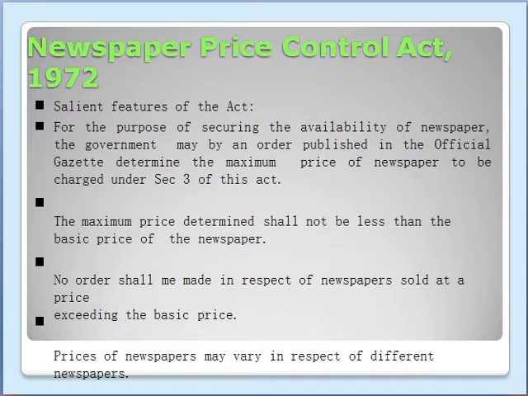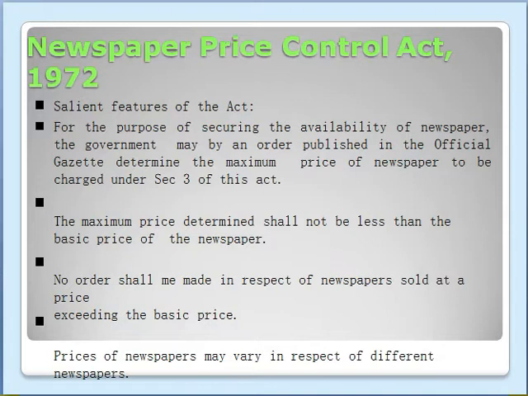That means even if a newspaper has around 200 pages, there is a certain price fixed by the government, which the publisher will not exceed, under Section 3 of this Act. So the maximum price determined shall not be less than the basic price of the newspaper.